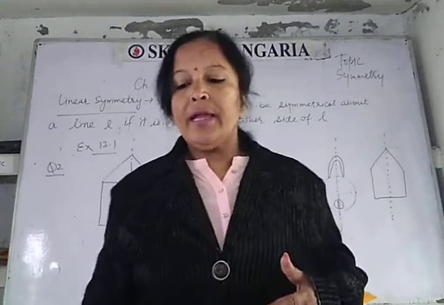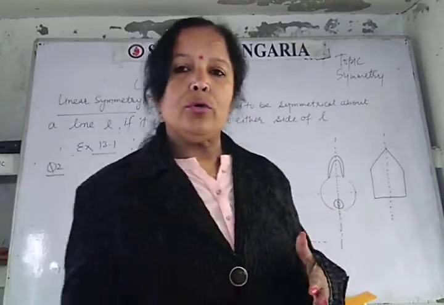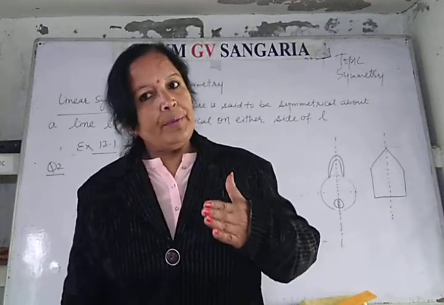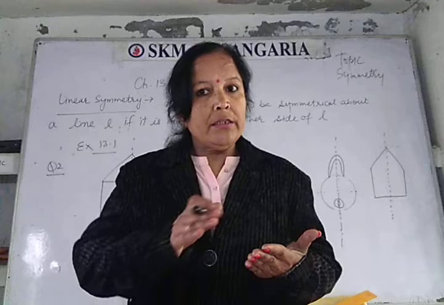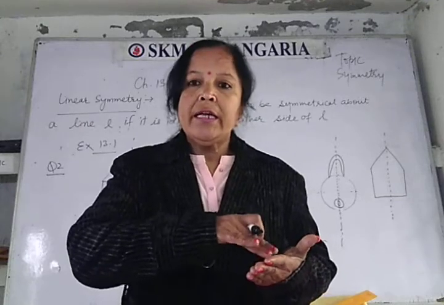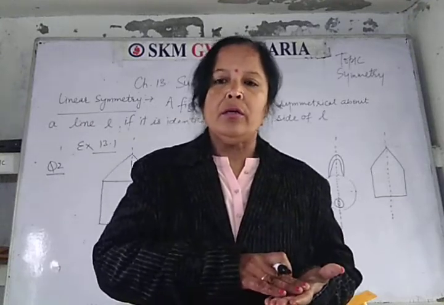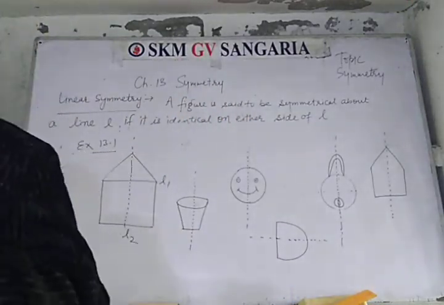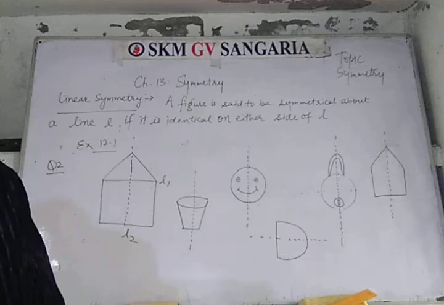You can take help of the mirror also. You can put the mirror on the line of symmetry and whatever part you get inside the mirror will be drawn. Okay. So try to do this question on graph paper and paste it in your notebook.